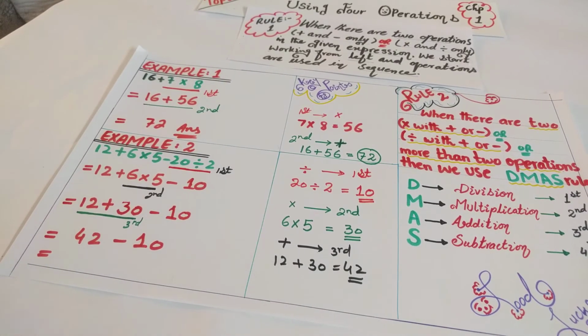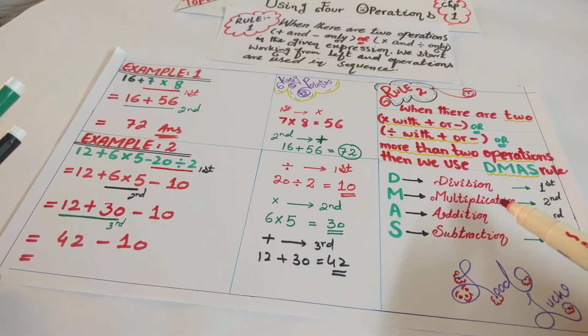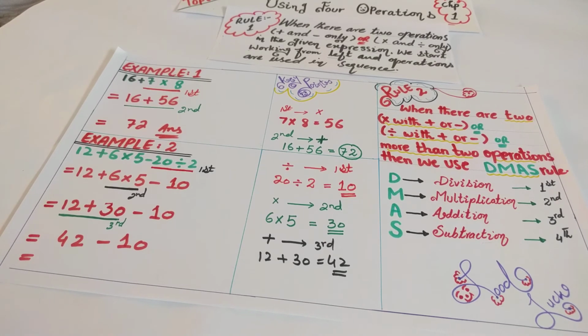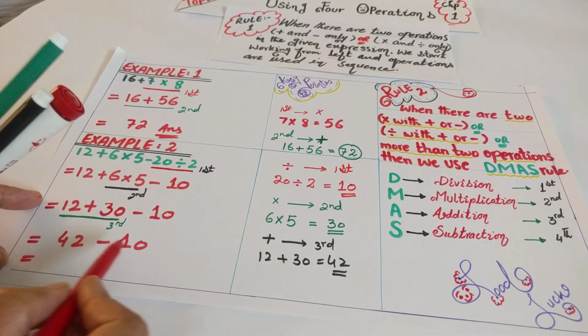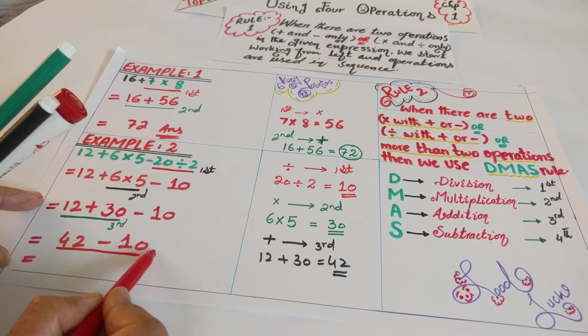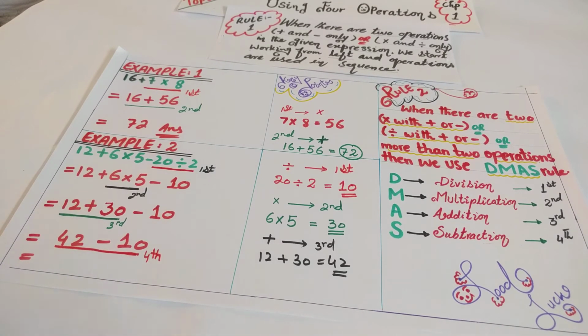Now again go back to your DMAS. After division, multiplication and addition, lastly we have subtraction. Let's check, is there any subtraction? Yes, there is subtraction. This one is subtraction. So at the last we are going to solve the subtraction.